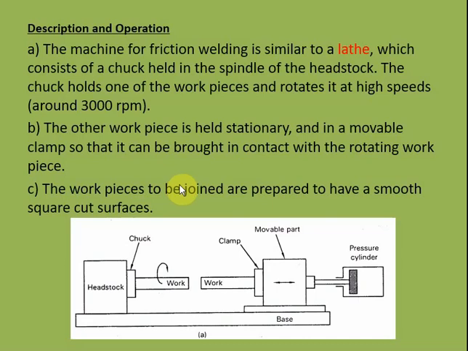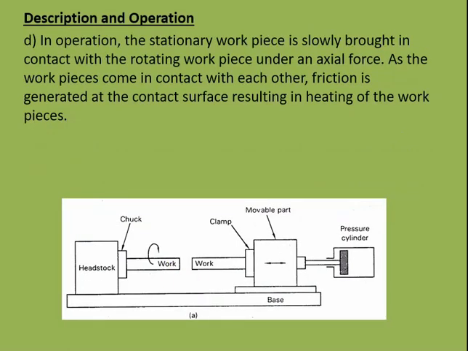Before starting the welding process, the interfaces of the workpieces which need to be welded are cleaned and made flat against each other. Then one part of the workpiece is held inside a chuck, and the other piece is held inside the clamp.